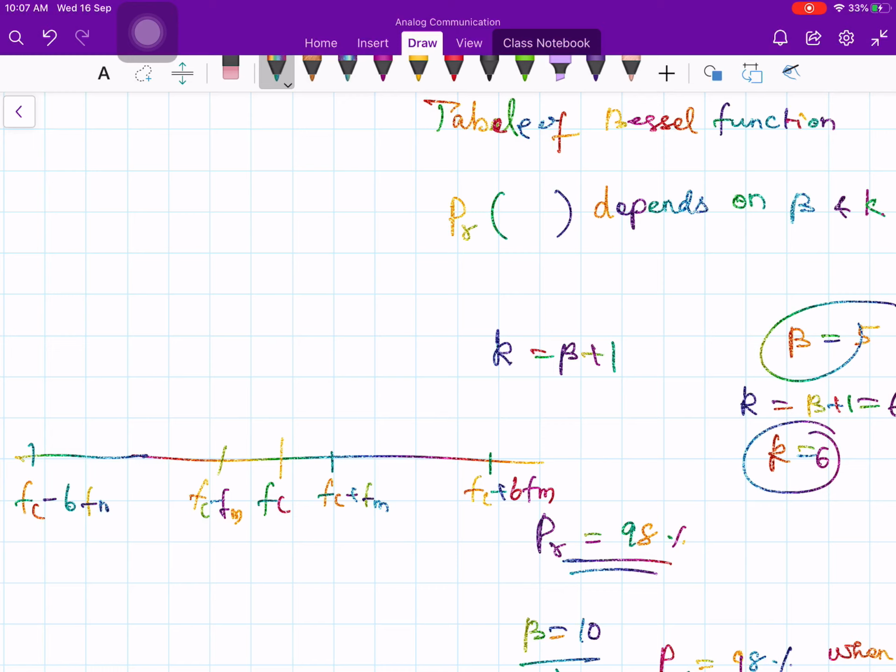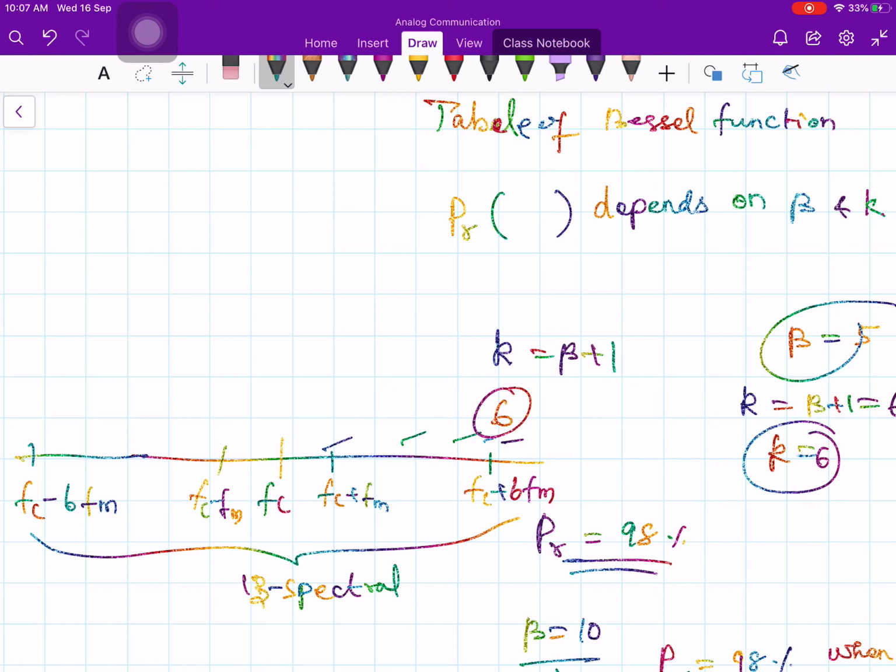That is enough. So how many spectral components? 11 or 13? 13 components, 2k plus 1 at fm spacing. 1, 2, 3, 4, up to 6 components on this side.